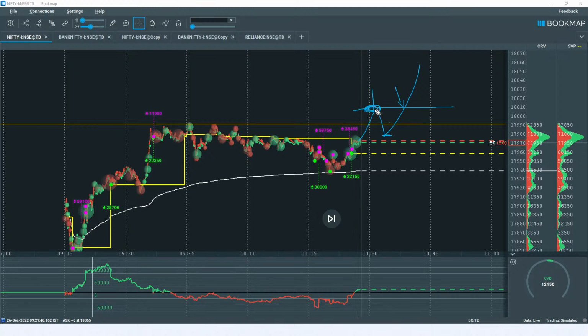Long trade opportunity: break, pattern formation, and again further break of this. That's how we use the absorption indicator in most of the cases, because as I said, whenever there is a presence of absorption, it indicates a presence of passive buyers or passive sellers. But we want to combine that information along with the price activity as well.